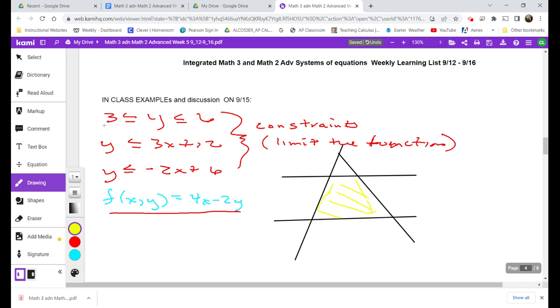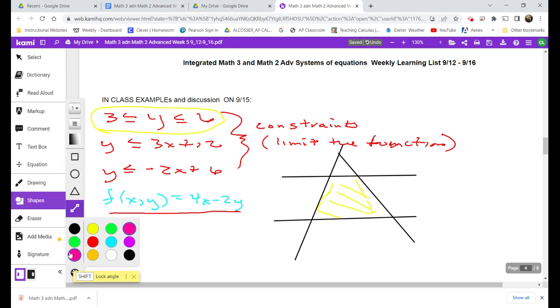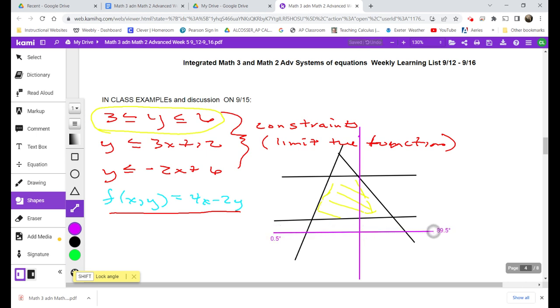Now, what I want to draw your attention to is this right here. If I was to draw an X and Y intercept, this is kind of going through like this, and then it's way down here like that.